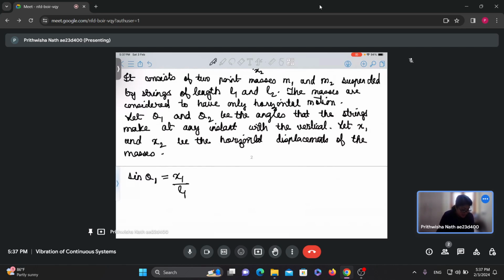Since the amplitude is small, we can write sine theta 1 as theta 1. So theta 1 is equal to x1 by L1. Similarly for sine theta 2, we can write x2 minus x1 by L2, and sine theta 2 can also be written as theta 2 since it is small amplitude.